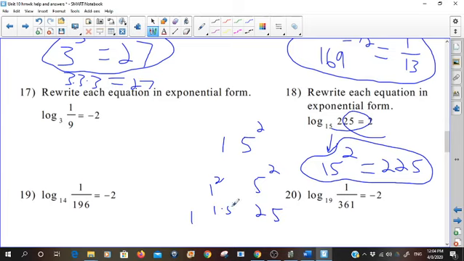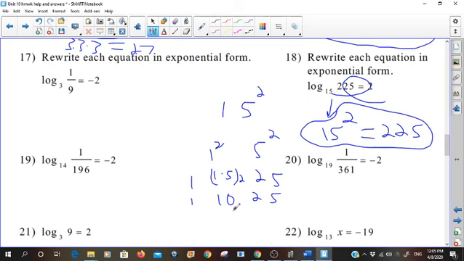This works every time. Double it, times it by 2. So then we get 1, 25, and 5 times 2, so 10. And then you just add to the left. 1 plus 1 is 2. 2 plus 0 is 2. And 5. That was amazing. 225, 15 squared.